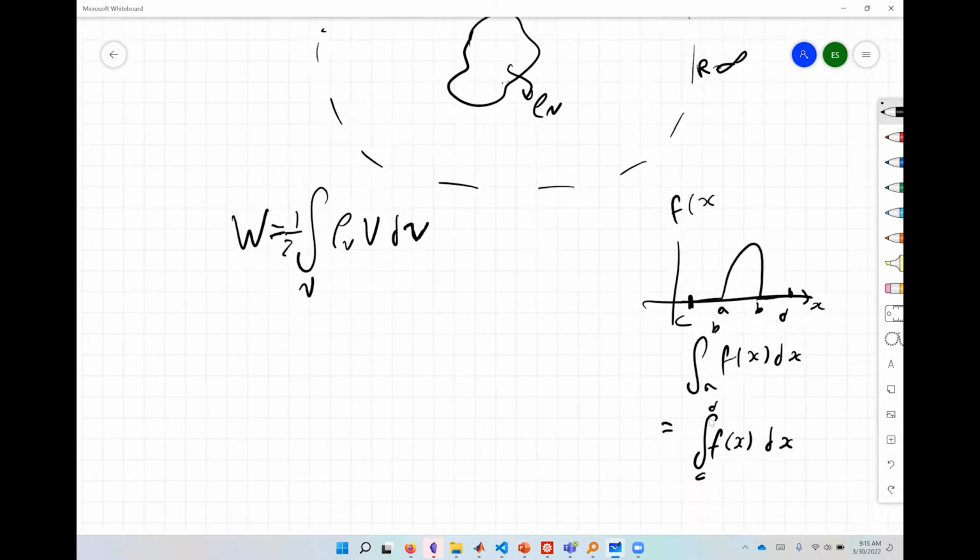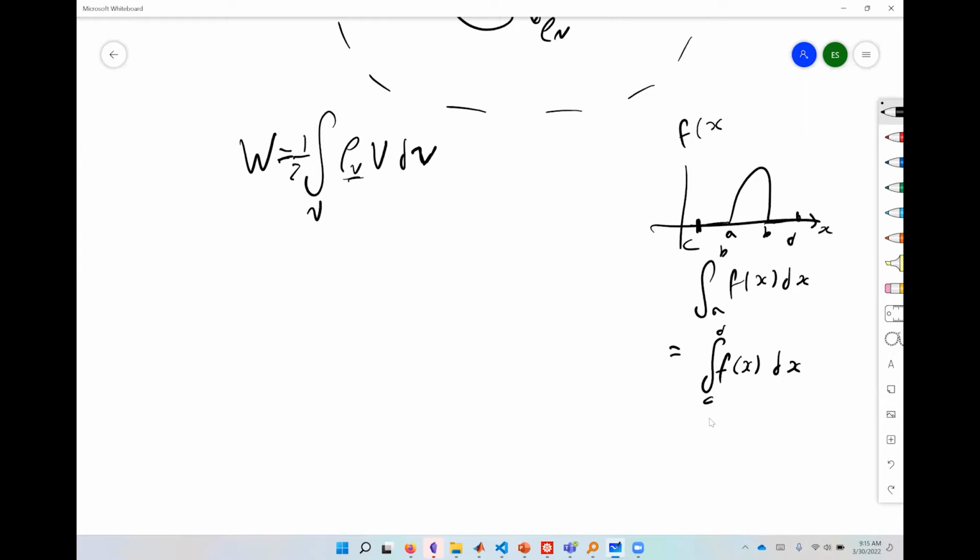Okay. So now we want to get rid of rho V. The only way we know how to get rid of rho V is to use postulate 1.